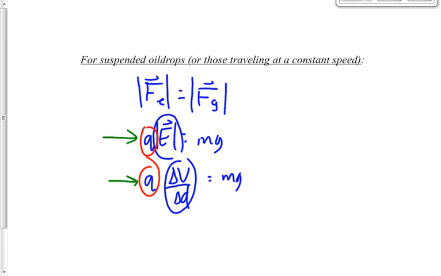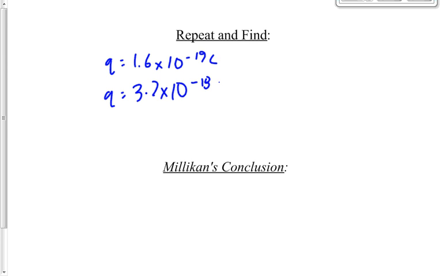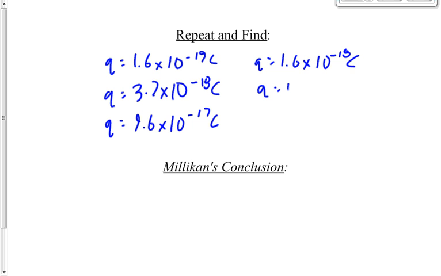We're going to find that the charge of each of these oil droplets is either 1.6 times 10 to the minus 19, or 3.2 times 10 to the minus 18, or 9.6 times 10 to the minus 17 coulombs, or 1.6 times 10 to the minus 18 coulombs, or 4.8 times 10 to the minus 19 coulombs, or so on.